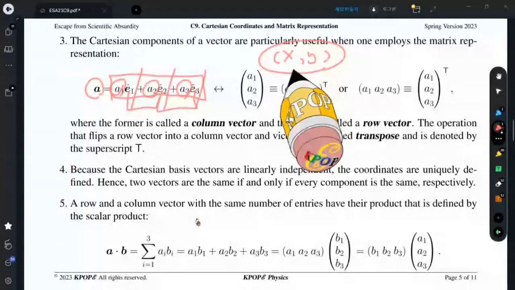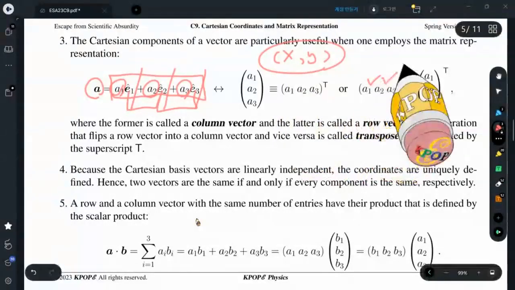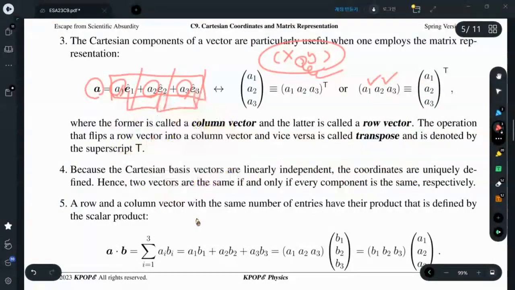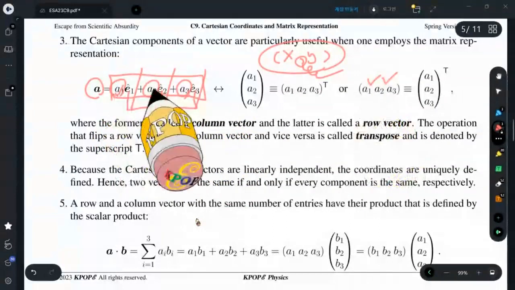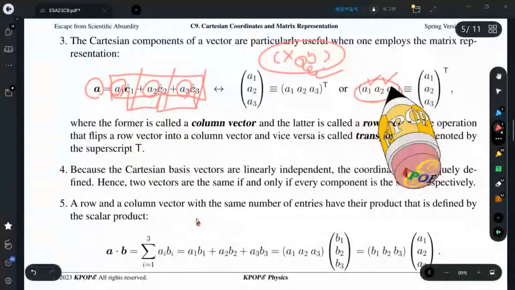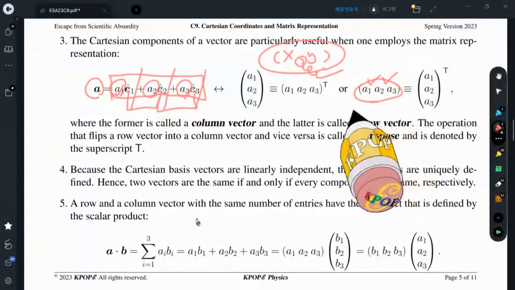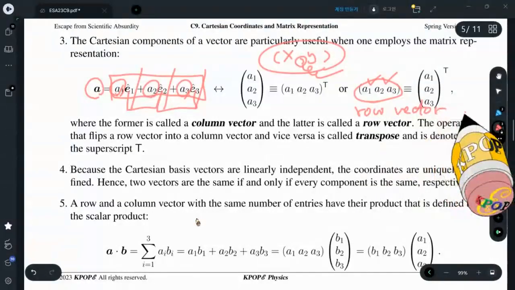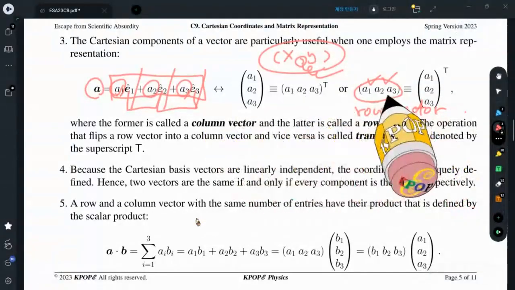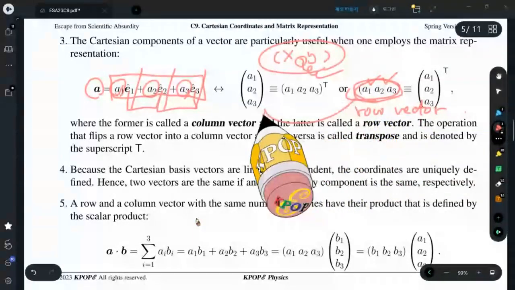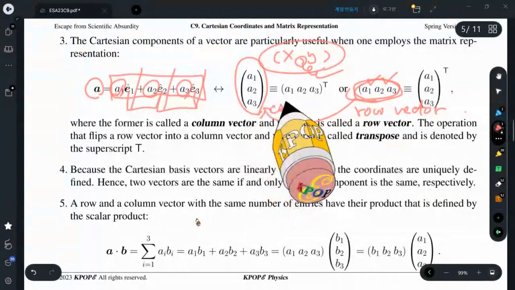Usually we use the comma, but here we erase the comma, and I can copy the Cartesian coordinates in order: x component, y component, and z component. We call this kind of ordered list a row vector. I can let it stand up, and we call it a column vector.